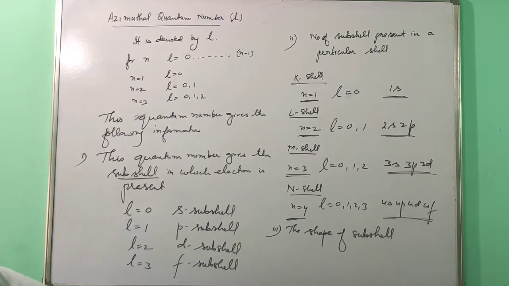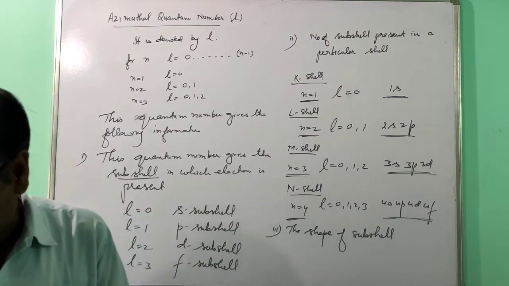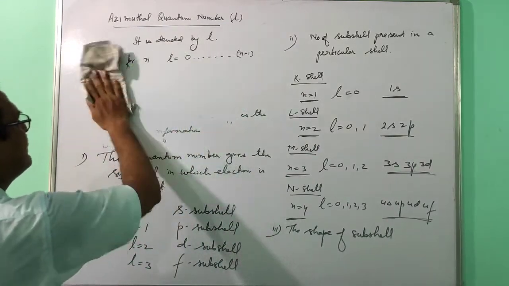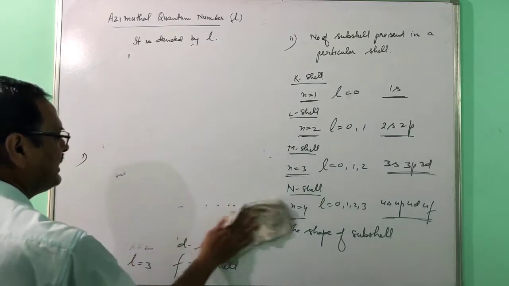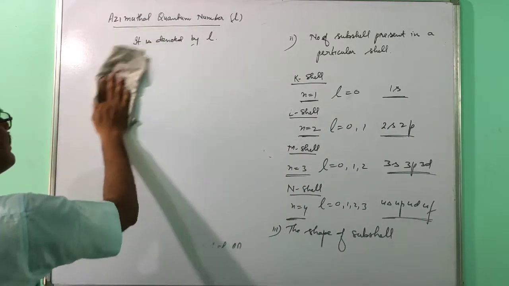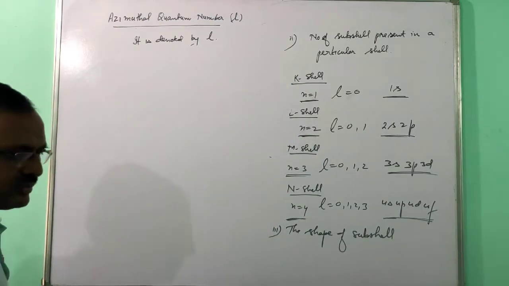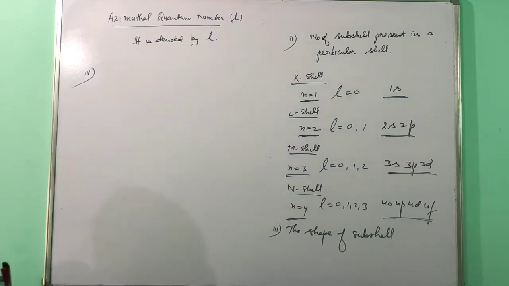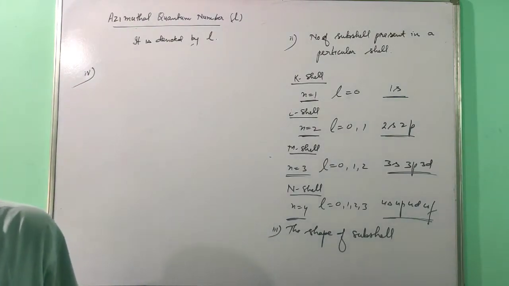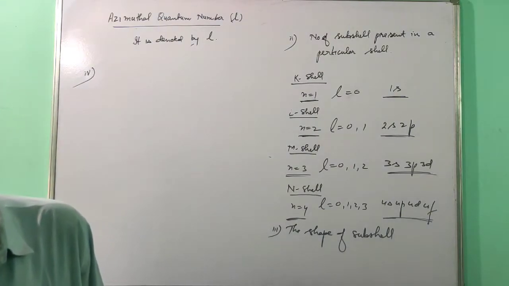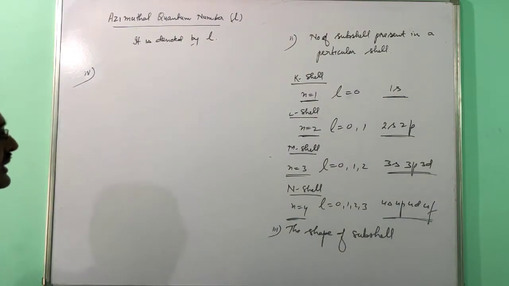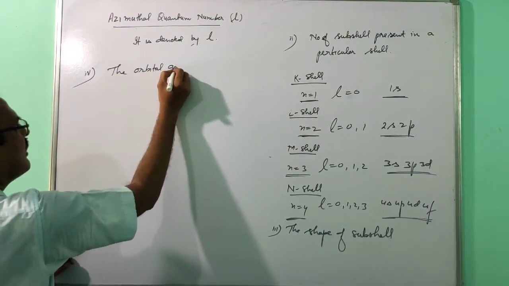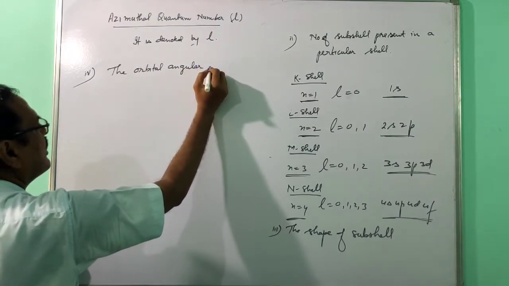Now the fourth one, that's very important: the orbital angular momentum of an electron. The fourth information you are getting is the orbital angular momentum of an electron in an orbital.